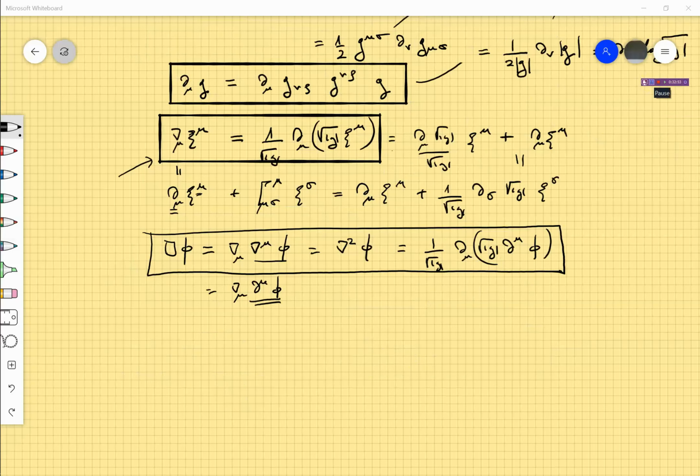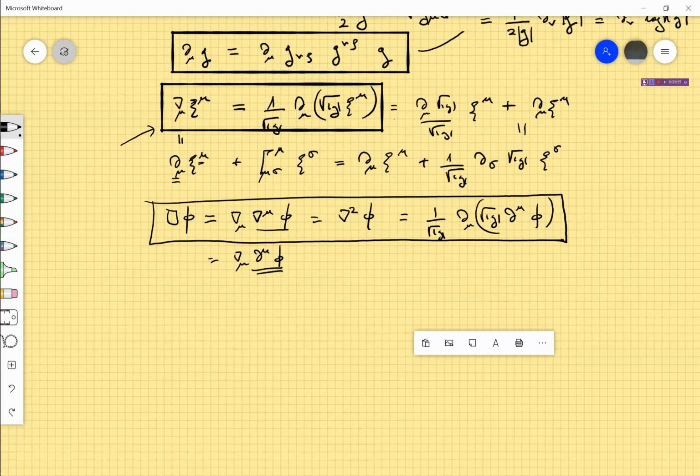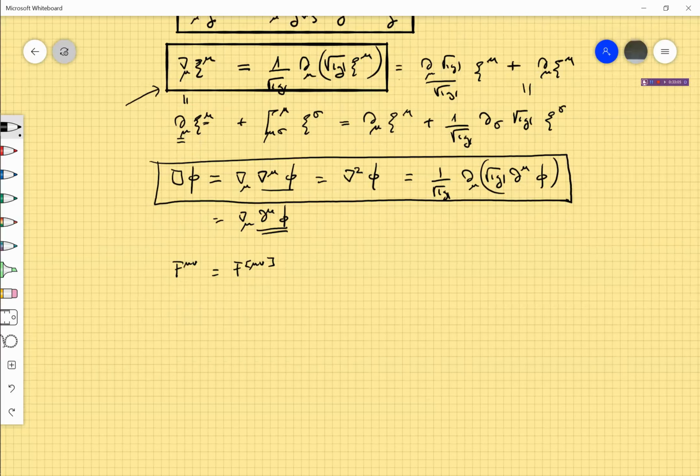Now a final property of the same kind, which also follows from the above property, if you have an antisymmetric tensor, such as the one of the field strength of the electromagnetic field, then, okay, this is the covariant version of what appears in the left hand side of the Maxwell law, or the Maxwell equations, then this is equal to this.